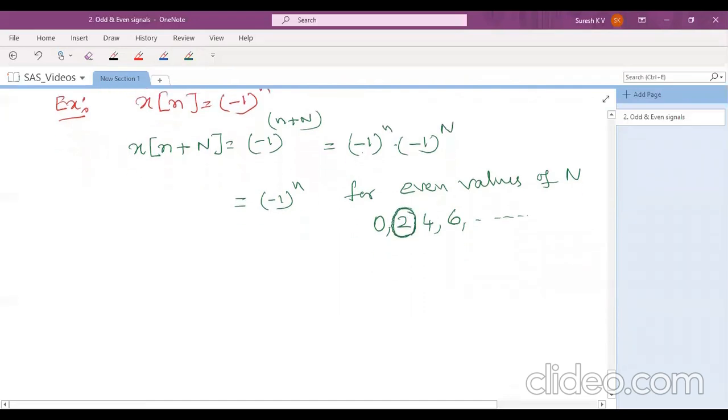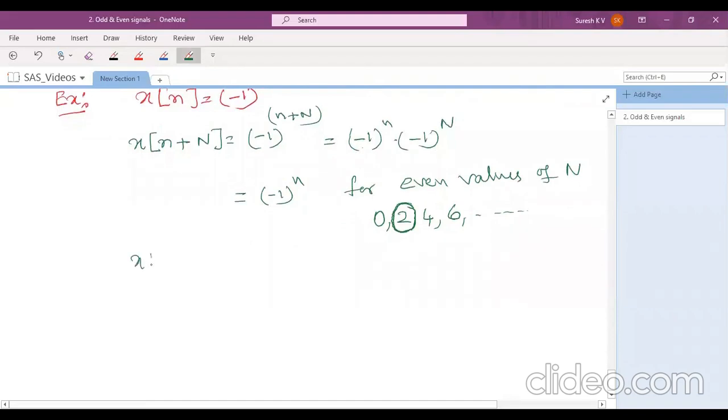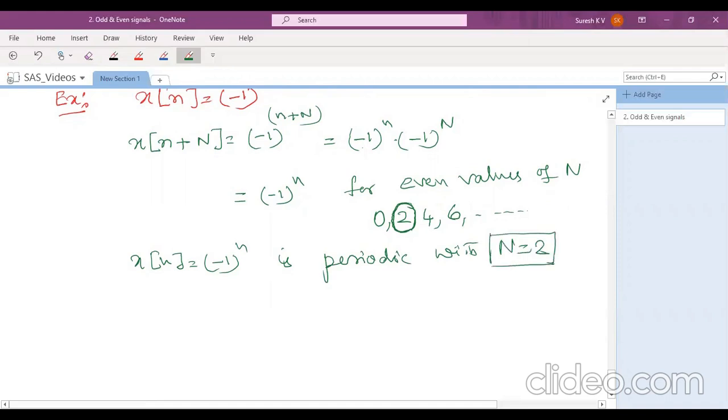Therefore, x of n equals minus 1 to the power of n is periodic with period N equal to 2. So this is a periodic signal.